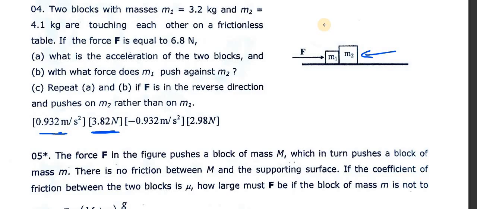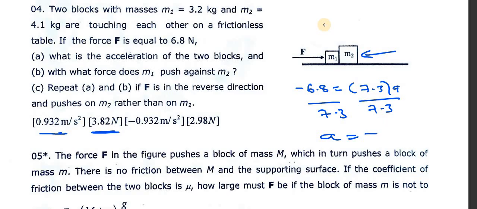This is going to be done in a similar way, except now we're going to say negative 6.8 is equal to the two masses. When you add them, they give you 7.3, multiplying by a. Then you do this. So you get your acceleration to be the same but now negative. That's what you just have.